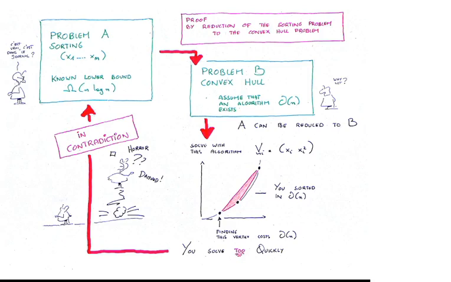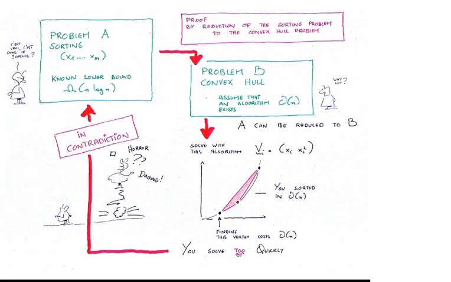You take a known problem, the sorting problem, and you reduce this known problem to the problem you want to analyze, problem B. You assume that you find an order n algorithm for building a convex hull.